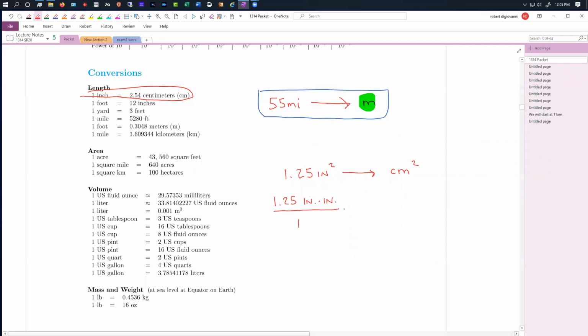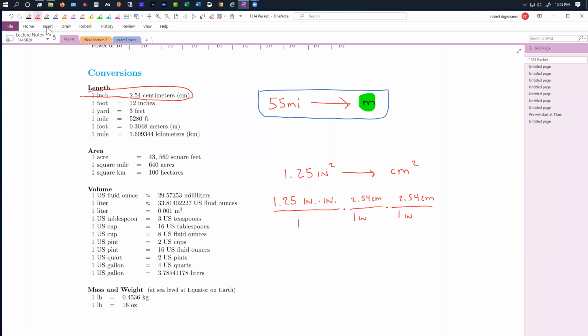And then I'm going to multiply by 2 conversion factors to make the inches cancel twice. So the first conversion factor I'm going to use is 1 inch, and on top 2.54 centimeters. And then next to it 1 inch, and then 2.54 centimeters again.